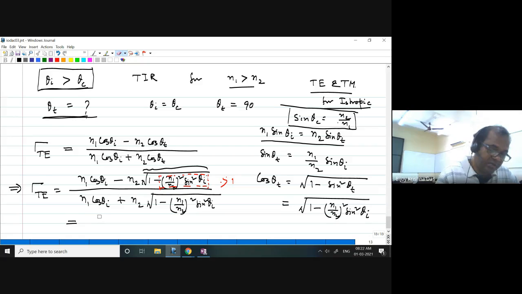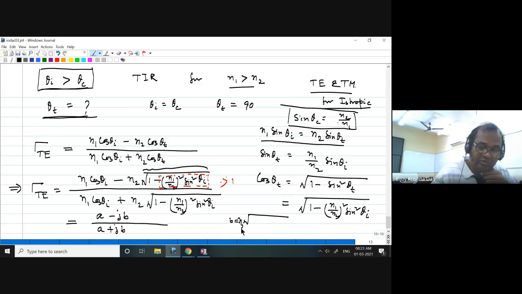I think I can directly write without any further step. I can just directly write like this: a minus jb divided by a plus jb. Is that correct? Where we can define clearly, b equal to n2 times the square root of n1 by n2 whole square sine square theta i minus 1.